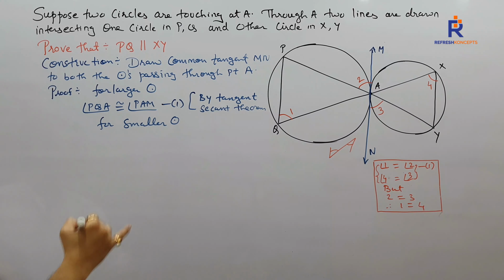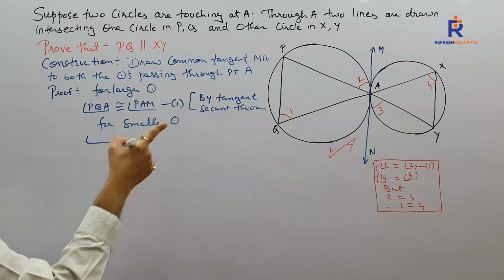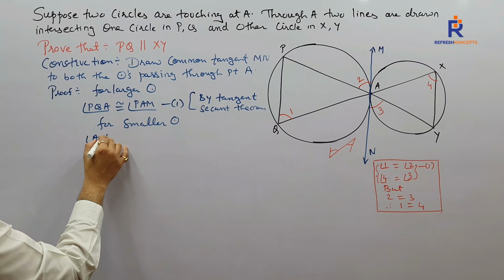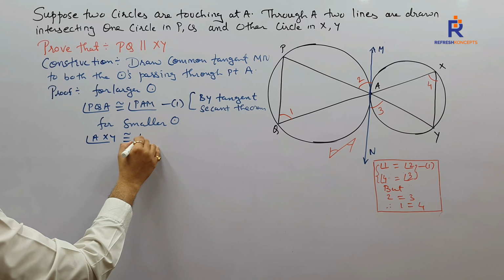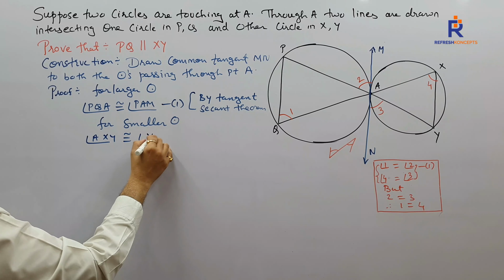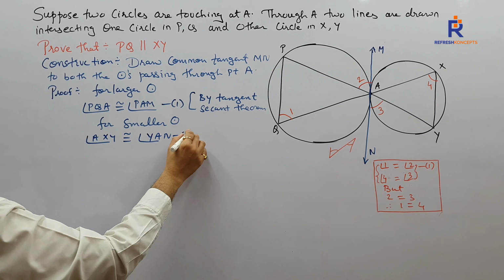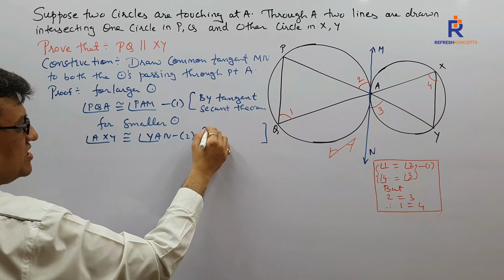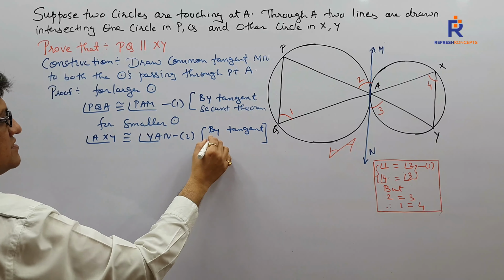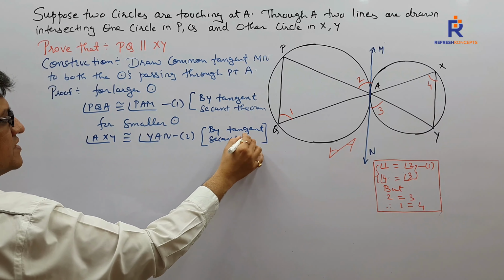What is it? Angle 4. Who is angle 4? AXY is congruent to YAN. Equation number 2. Again, I shall say by the tangent secant theorem.